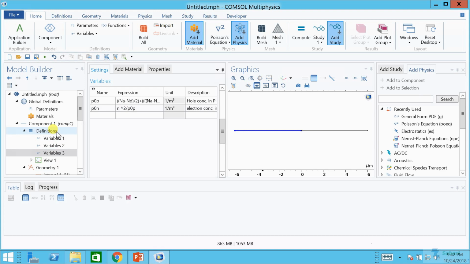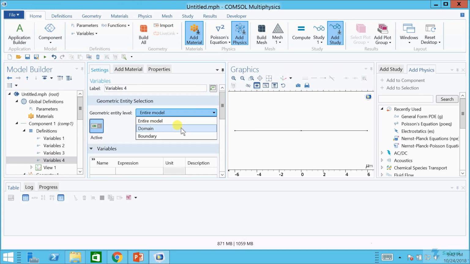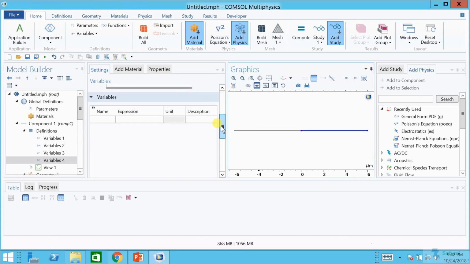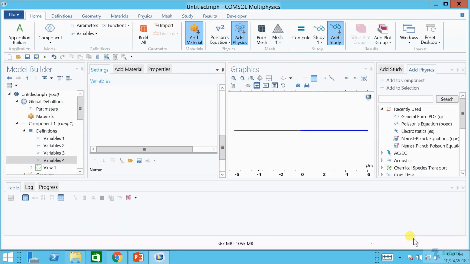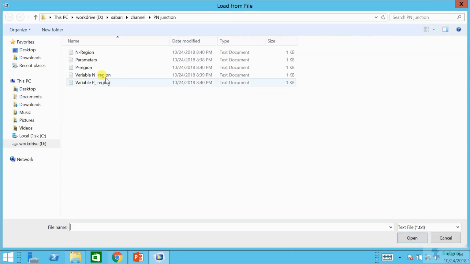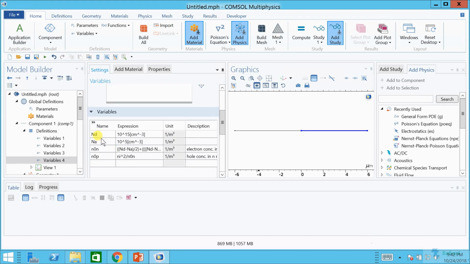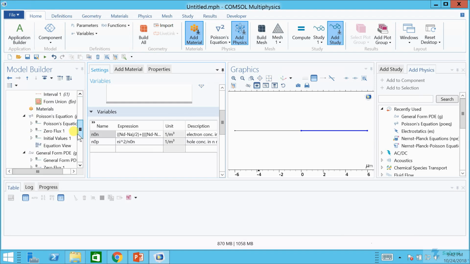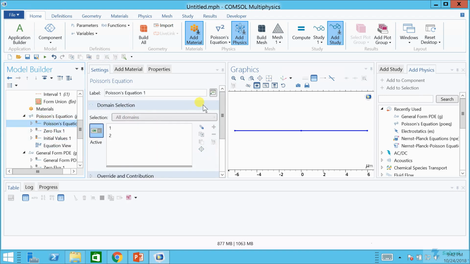The concentration also varies in the N region, for which I am going to do another variable. Okay, now we have defined the variables.